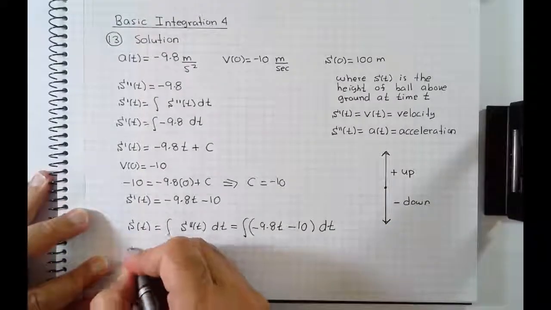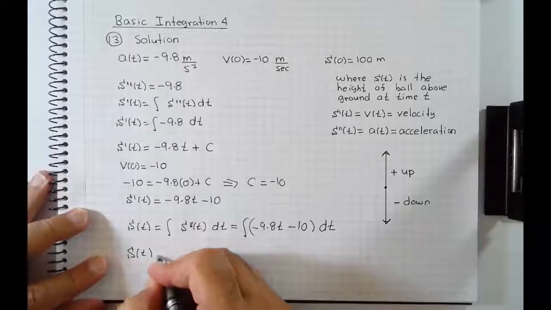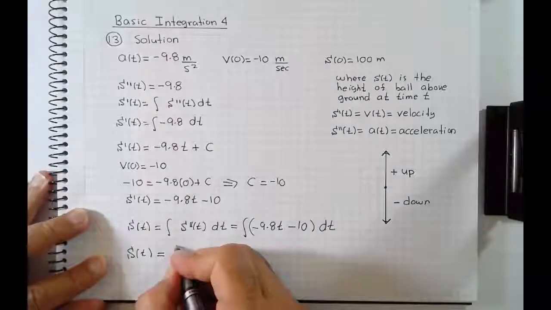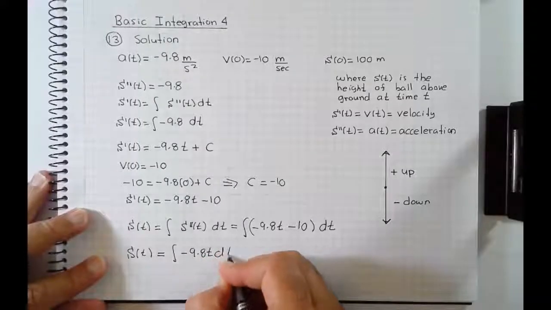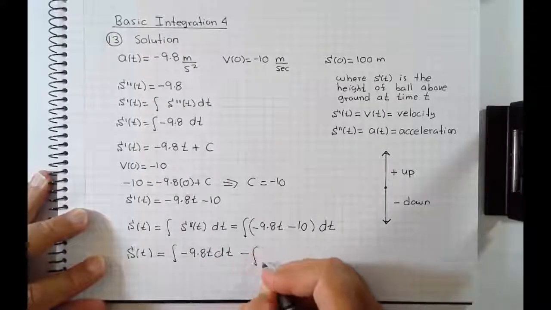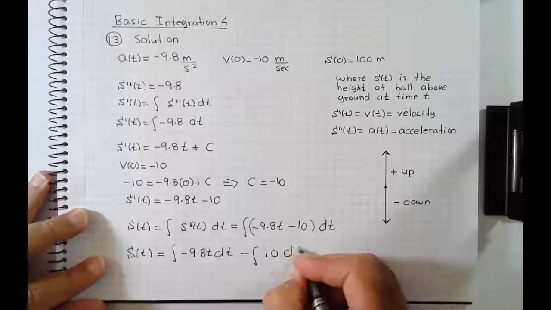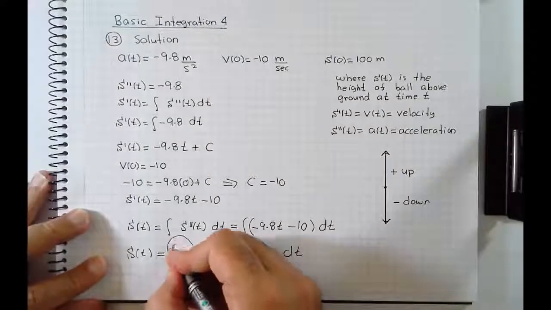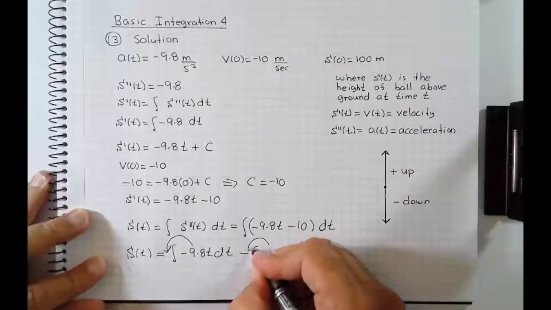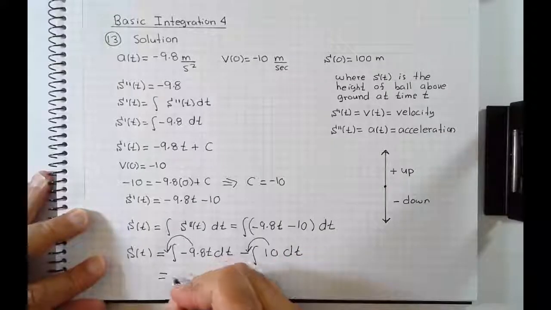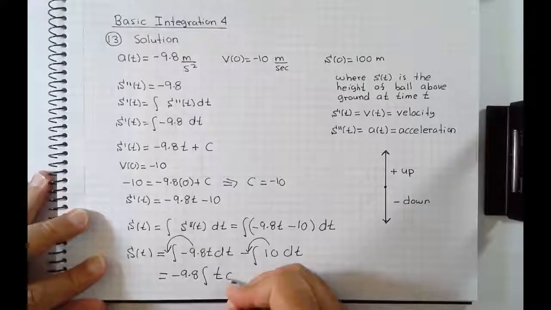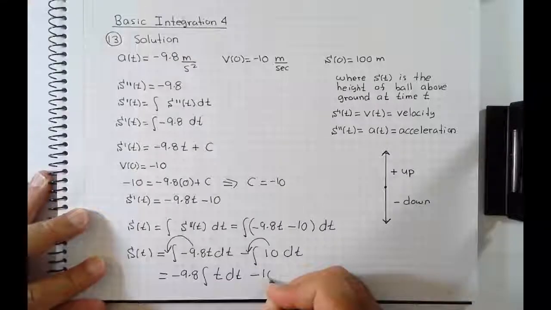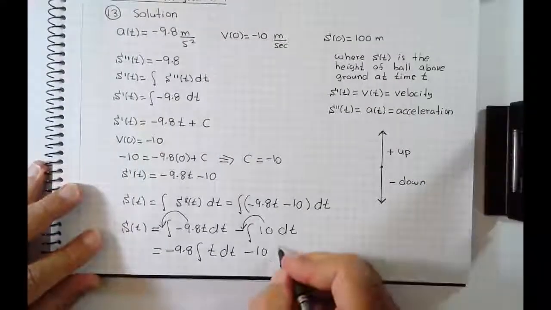So s of t will be equal to the integral of negative 9.8 t dt, splitting up the integrals, minus the integral of 10 dt. The constant passes right through the integral, and the 10 also passes right through. So we get negative 9.8 integral t dt minus 10 integral dt.